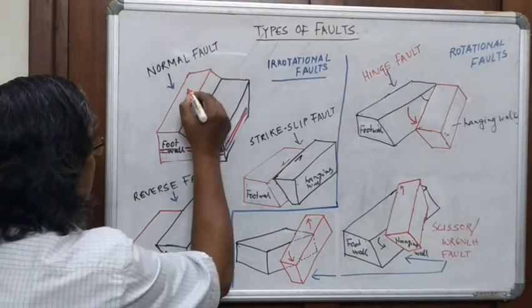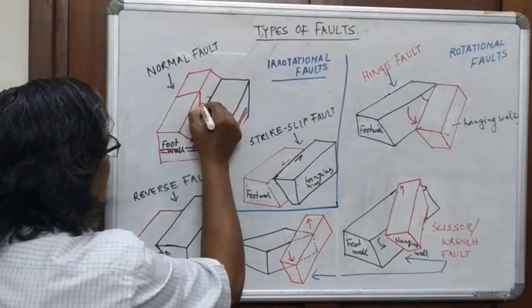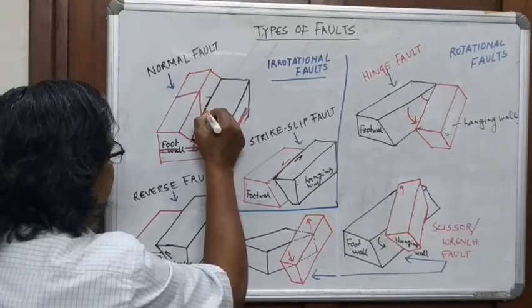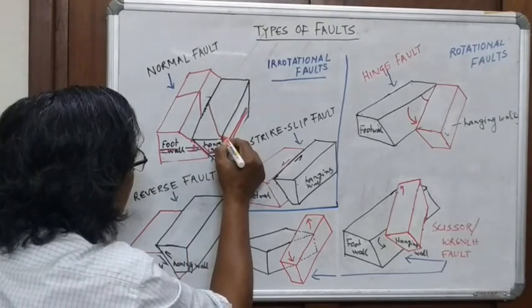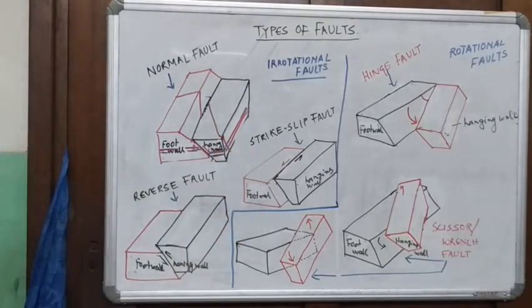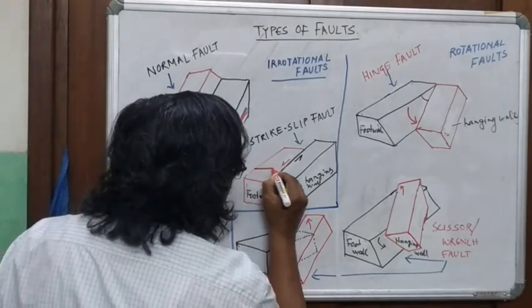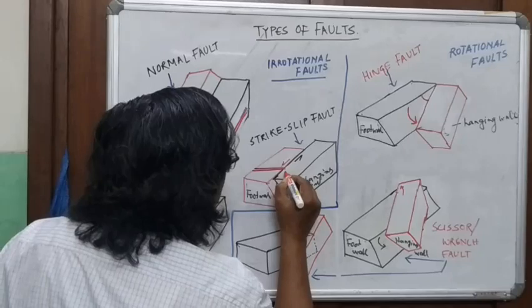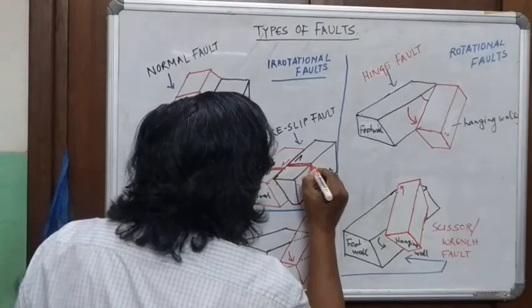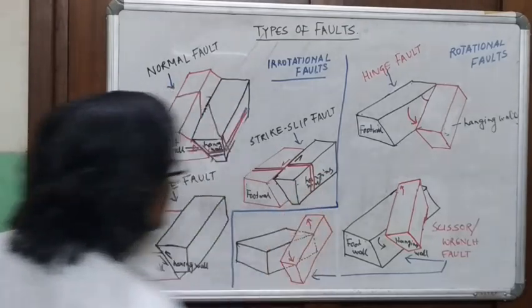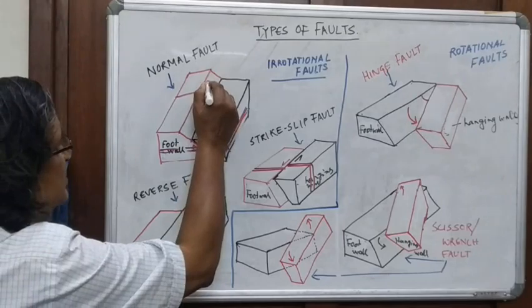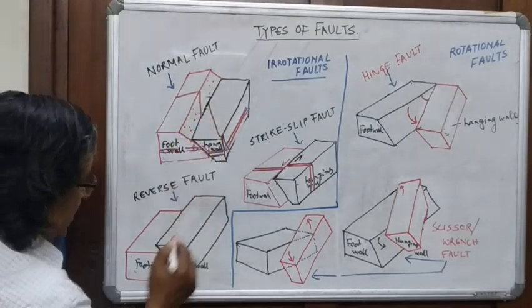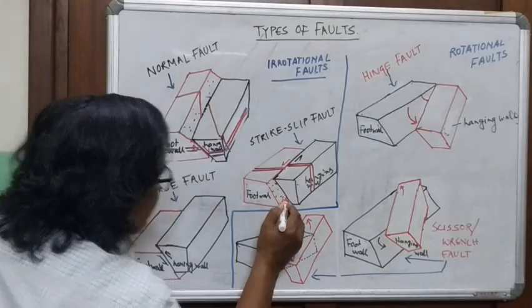Say, for example, if there was a dike like this, it would have shifted in this direction. Here, if you had a dike, it would have shown a shifting. So what is happening is, this is the fault plane. In all of these cases, this is the fault plane.